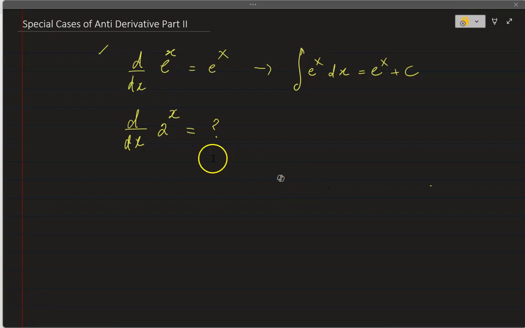Well, the very first thing we have to do is manipulate this expression so that we can do some maneuvering. If you remember from the logarithmic unit, we can rewrite 2 as e to the ln of 2.